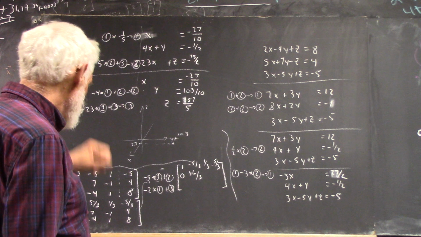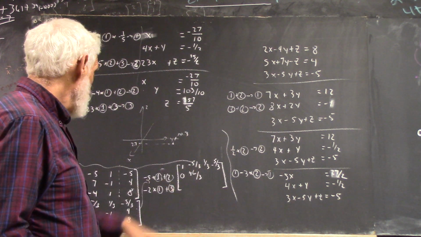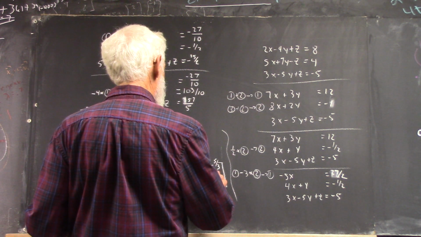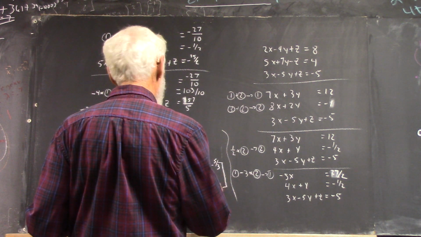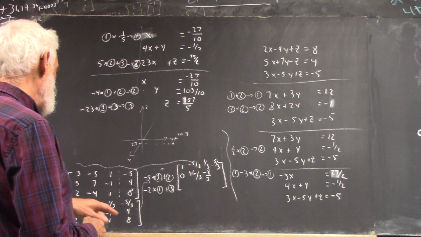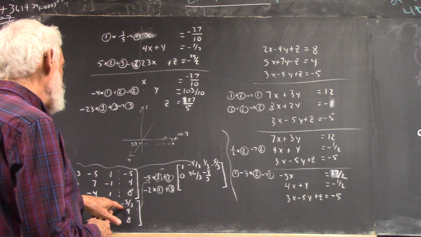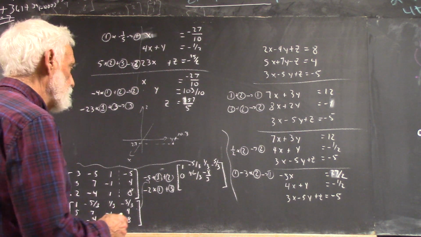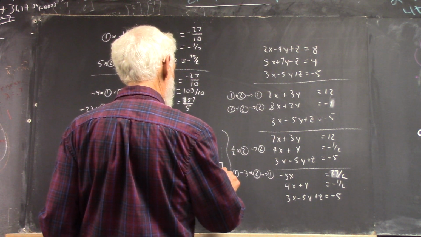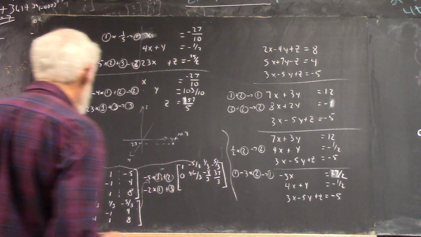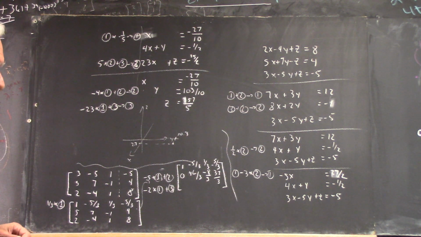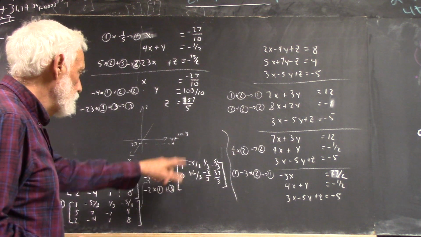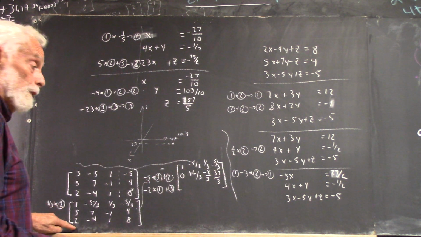Okay. Then negative 5/3 here to negative 3/3 gives me negative 8/3. And 25/3 and 4, which is 12/3, is 37/3. Okay? Then down here, I'm going to add negative 2 times the first row, and that's going to get rid of this 2.